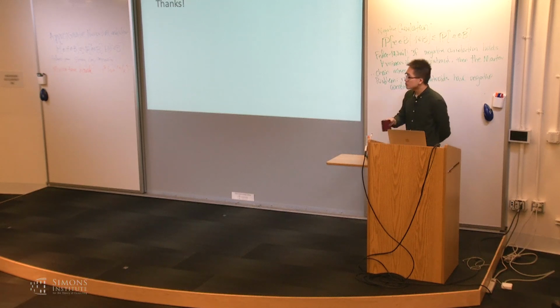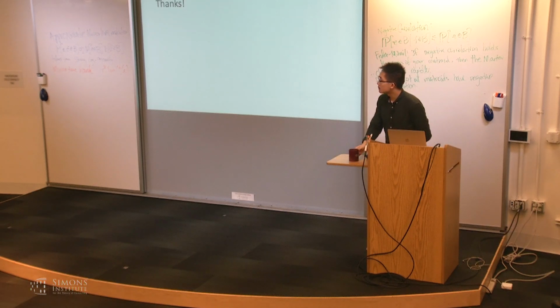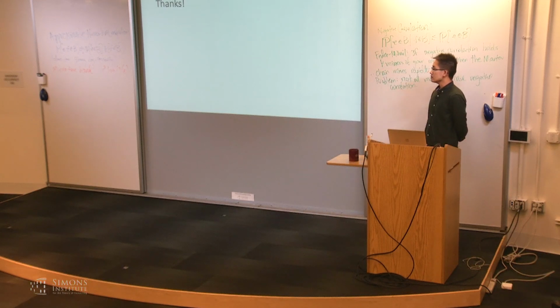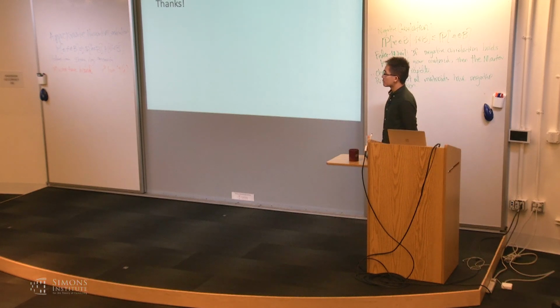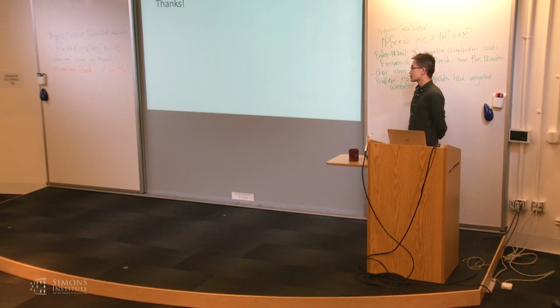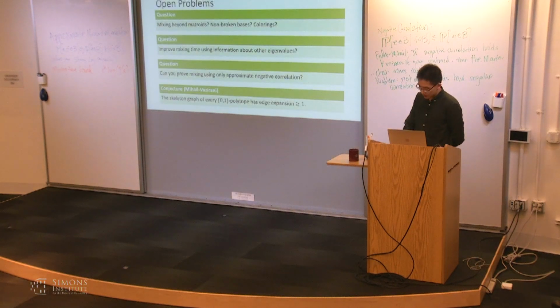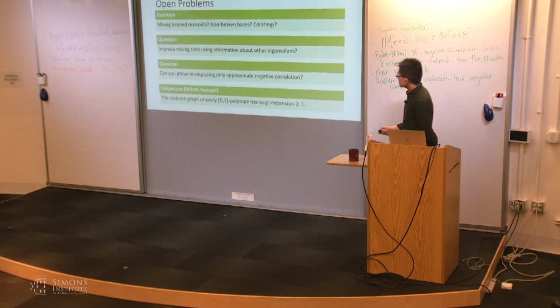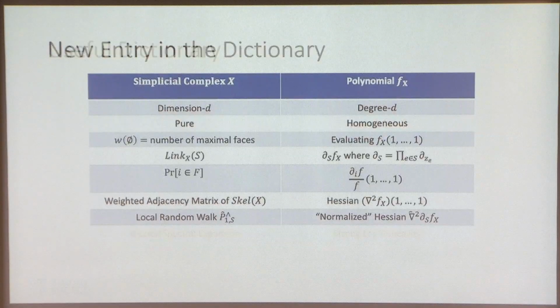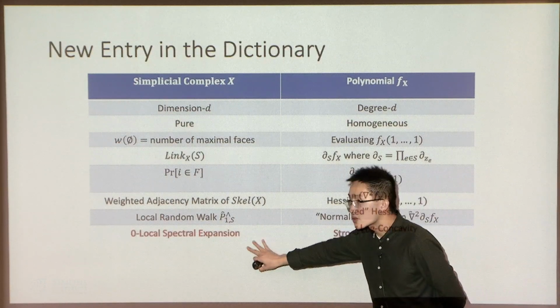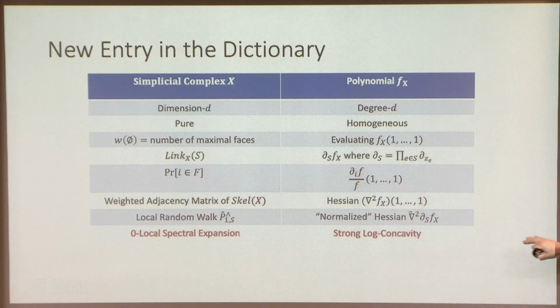I have a question. For your matroids, you get higher dimensional expanders with local spectral expansion. What are their parameters? Yes, you get zero local spectral expansion. But I should comment that, to my knowledge, people in the high dimensional expander community want bounded degree expanders.